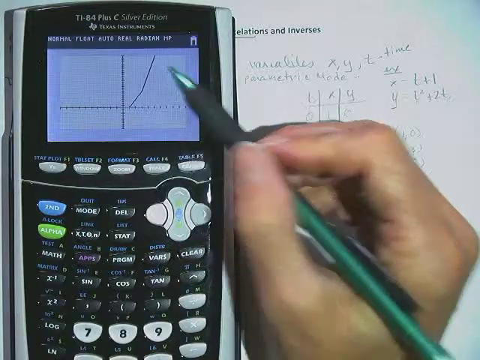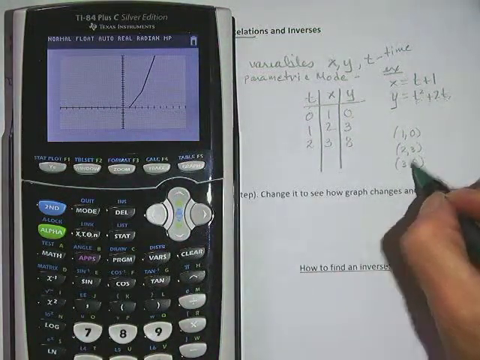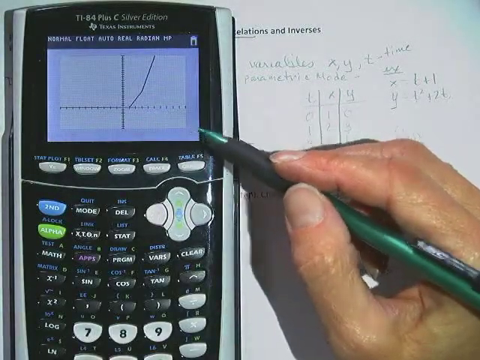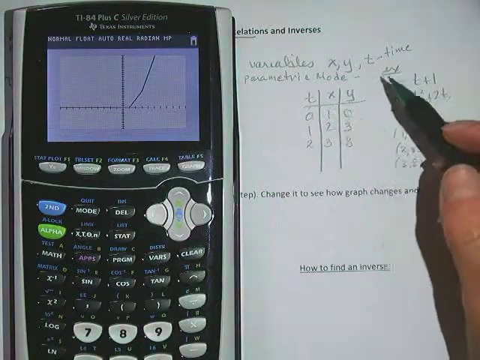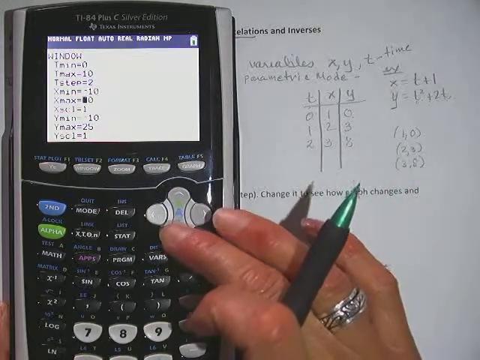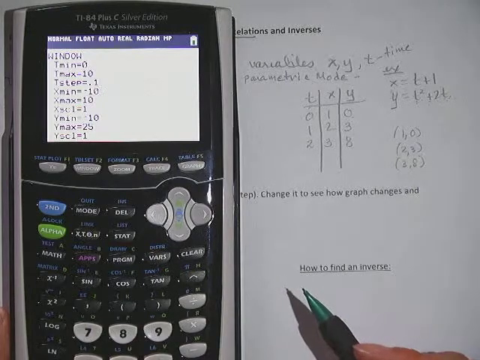So on this graph, they plotted 1, 0, 2, 3, and 3, 8, and then they connected these points. That's why it looks jagged. Does that make sense? It's jagged because of the T step.